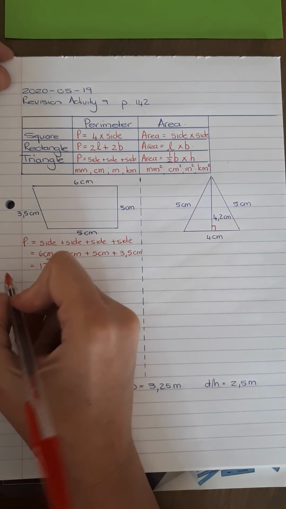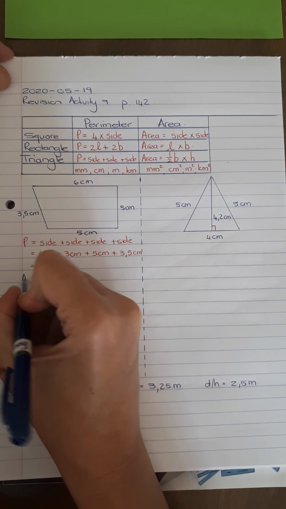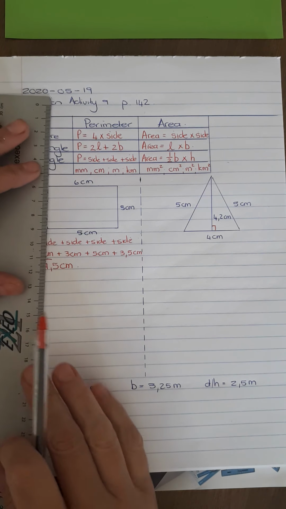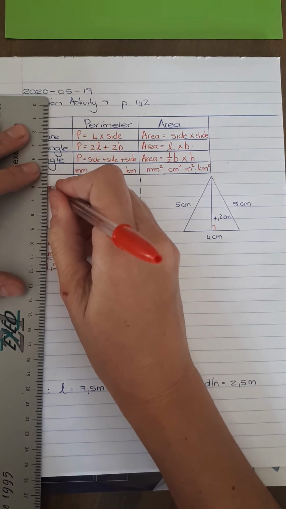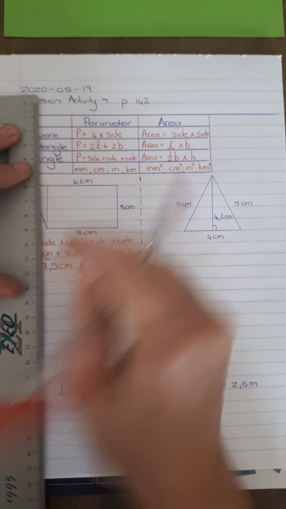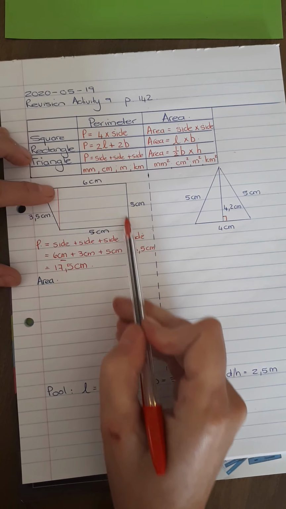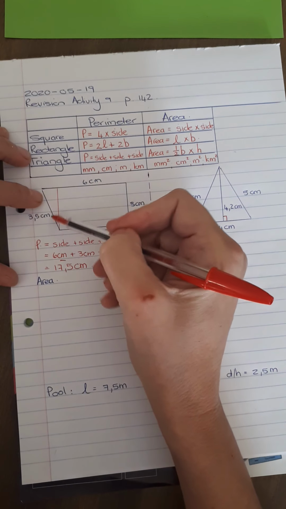Now, if I work out the area, let me do that in a blue pen. If I work out the area, we have to do a little trick. So what we do, we split the shape into 2 parts that we can recognize. Now we recognize that we have a rectangle over here and we have a triangle over there.